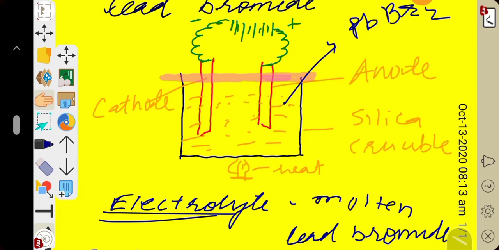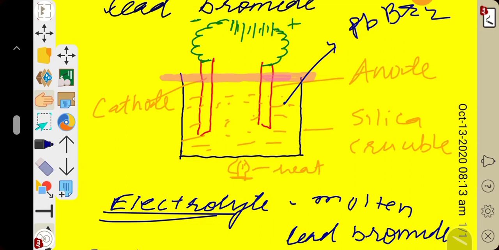As you pass electric current, the positive and negative ions will start moving. First of all, when you pass electric current, lead bromide will dissociate into Pb2+ and Br- ions. So when electric current is passed, PbBr2 will break down into Pb2+ and Br-.